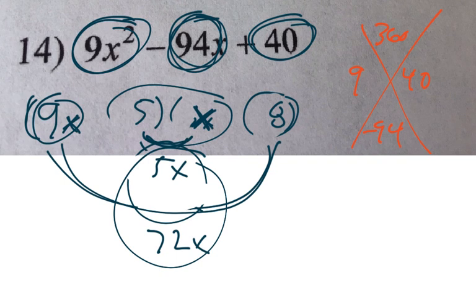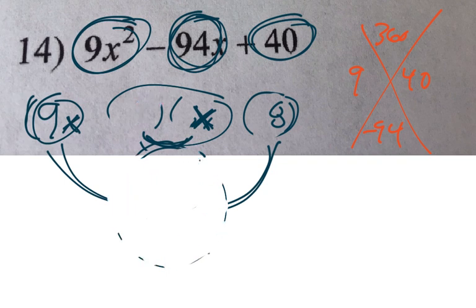Well, the 40 is the key here. If 5 times 8 doesn't work, what is the next most common way to make 40? 10 times 4. So watch this, guys. I'm now going to try 4 here times 10 here.